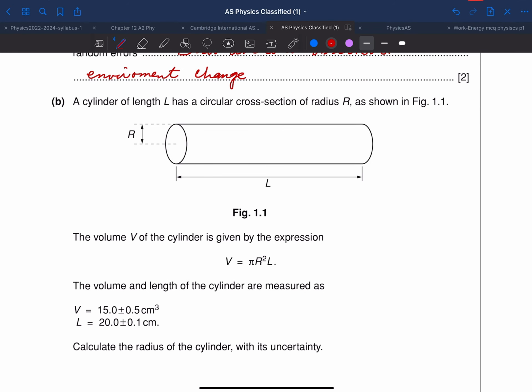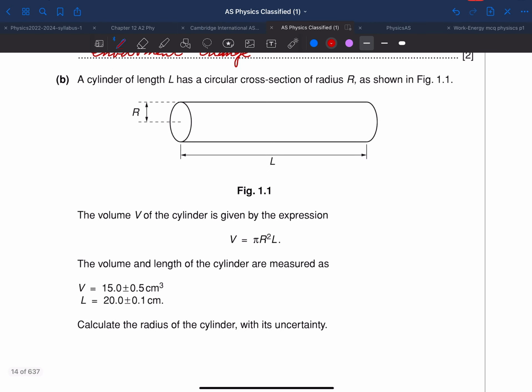So as far as the uncertainty is concerned, here you have the question, part B. A cylinder of length L has a circular cross-section area of radius R as shown in the figure. So here you have the length L of the cylinder and R is the radius of the cylinder.